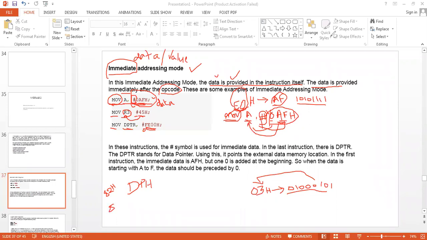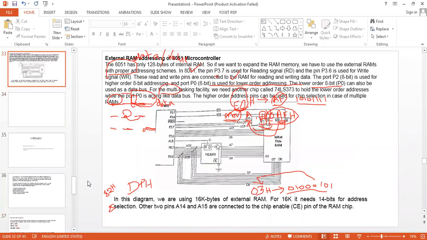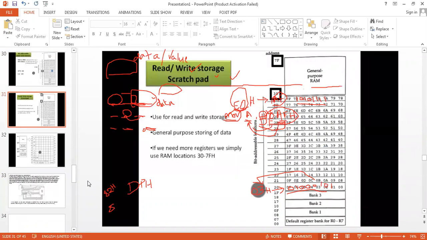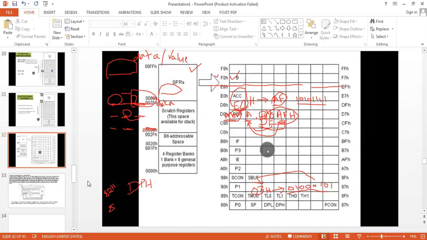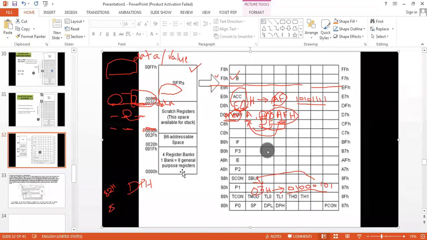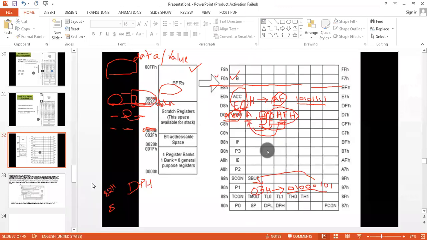Let us see the address of DPH and DPL. Yeah, here it is. Where is DPL? Okay, 80, 81, 82, 83. 83 is DPL, DPH.